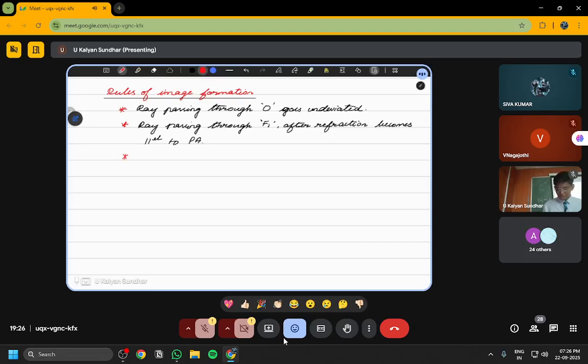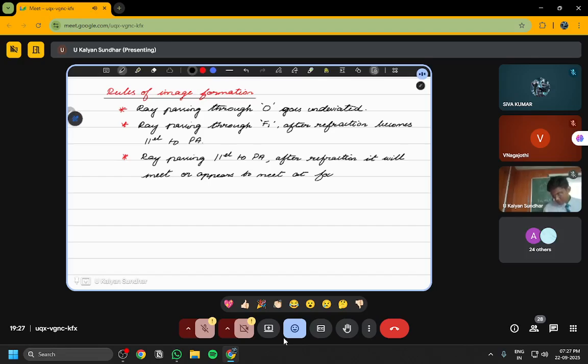And இதோட அப்படியே opposite. When a ray passing parallel to principal axis, after refraction, it will meet or appears to meet at the focus.